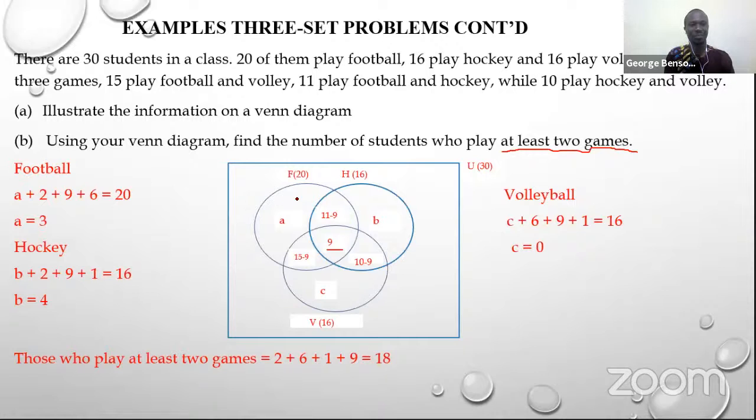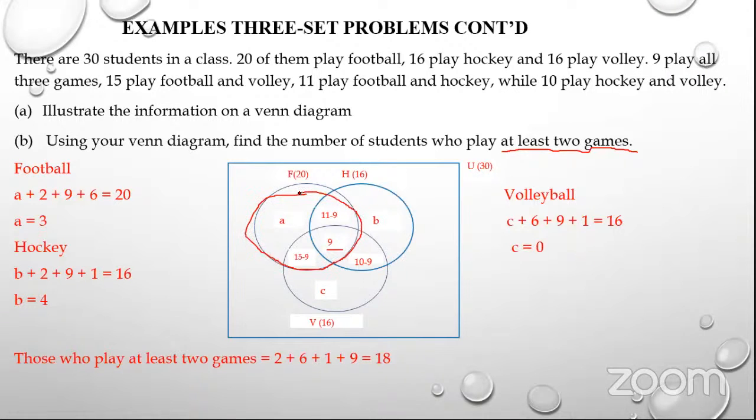I start with football, so I start with this circle first. This gives 2, and this is 6. So A plus 2 plus 9 plus 6 equals 20. This gives 11 plus 6, that's 17.